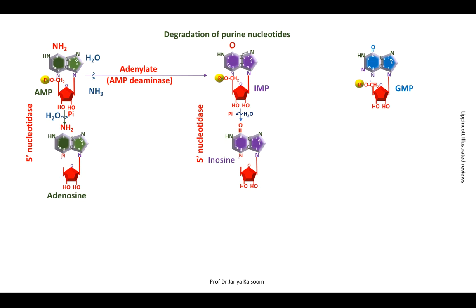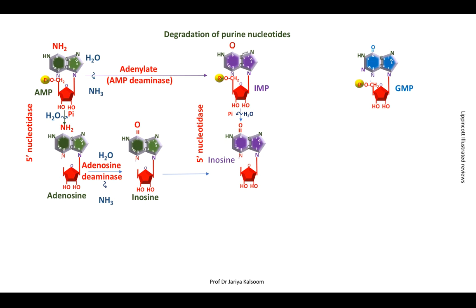So, in the presence of adenosine deaminase, after removal of this group, it is converted to, here you can see that this group is removed and it is converted to inosine. So, the degradation of AMP through adenosine or through IMP merges at this point, which is the formation of inosine.